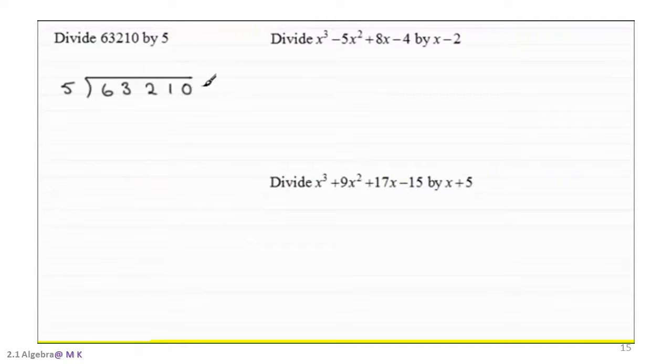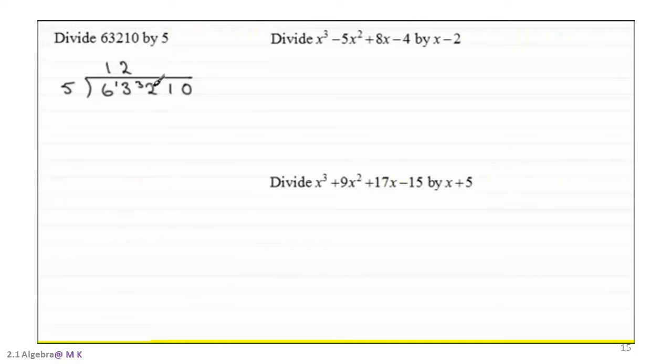If we're doing it by short division, we'd do something like 5 into 6 goes once, because once 5 is 5. And that leaves us with 1 left over. We'll put that against the 3 to make 13. What do we multiply 5 by to get as close as we can to 13? It's going to be 2. 5 2s are 10, and that leaves us with 3 left over.